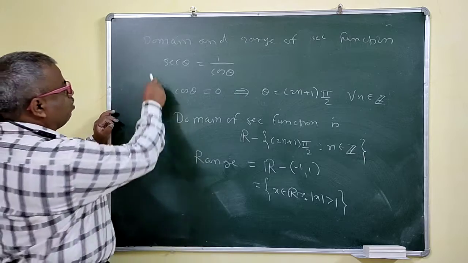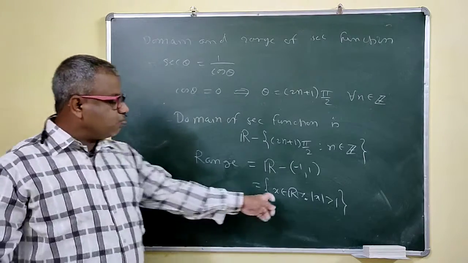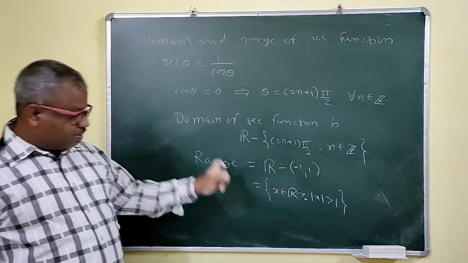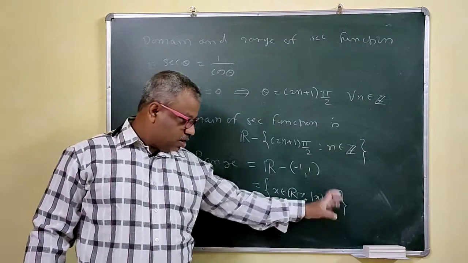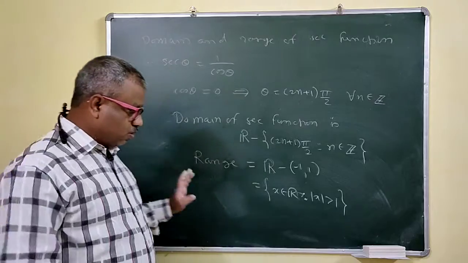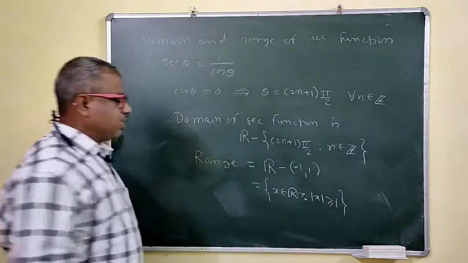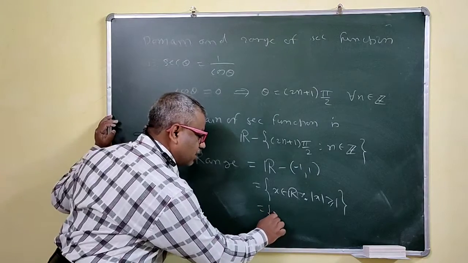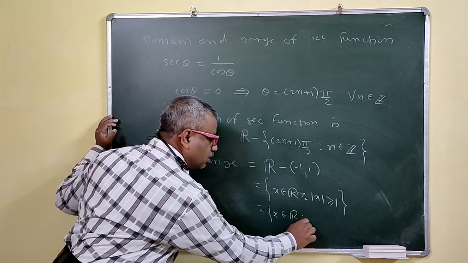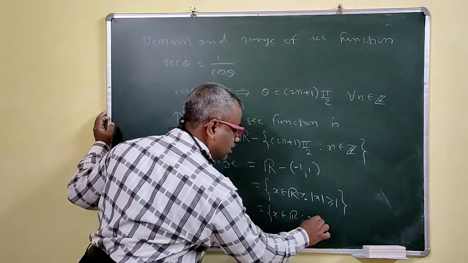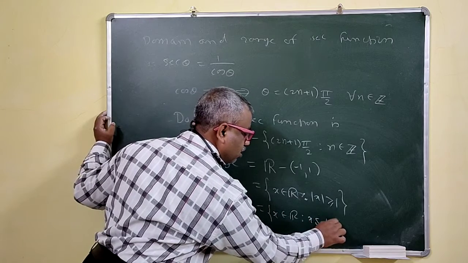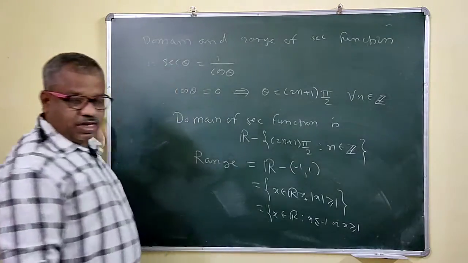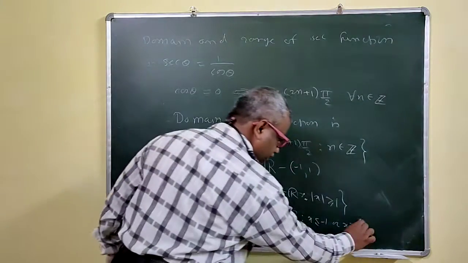Okay, so if you write y is equal to sec theta, then you have to write y belongs to R such that mod of y is greater than or equal to 1. You can also write this like x belongs to R such that x is less than or equal to -1 or x is greater than or equal to 1, right?